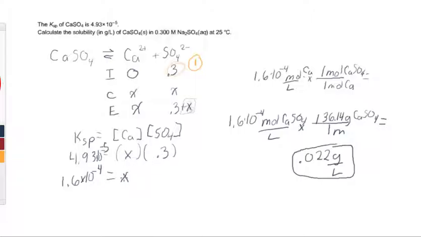And solve for X, so you solve for the solubility. That's molar, so you need to convert the molar. Actually, I guess step 2 is find X. So step 3 is convert the molarity into grams per liter. Okay, so ICE table, solve for X using the KSP, and then convert the moles to grams.